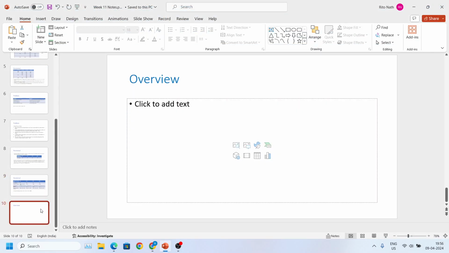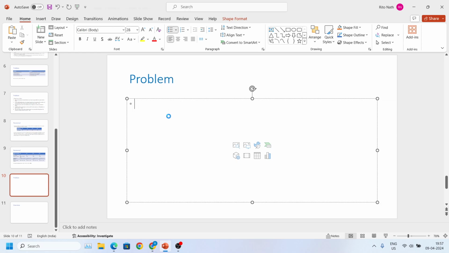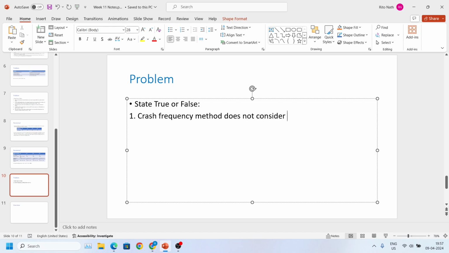So let's solve another one. Again a true false type question. Then I'll move to the next one, a numerical again, but let's solve this one first. The first one is: crash frequency method does not consider the severity of crashes.